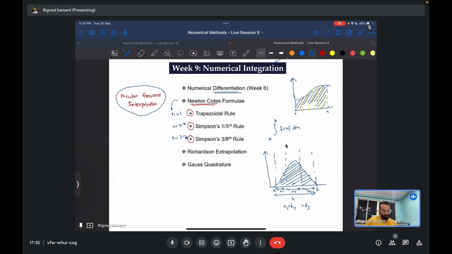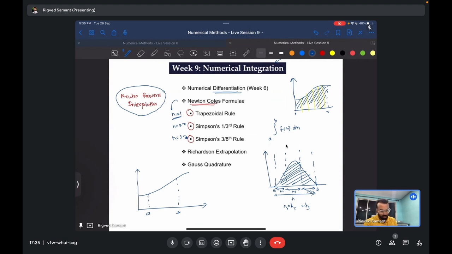For the trapezoidal rule, let's say you have this curve, and this is your A and this is your B. With the trapezoidal rule, you can consider only one interval, n is equal to 1, where n is the number of intervals.